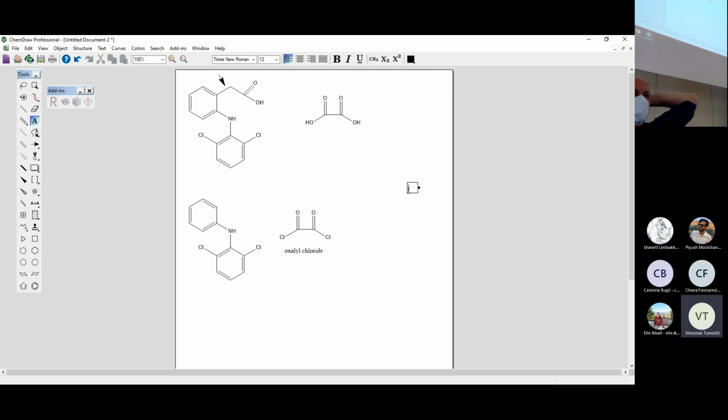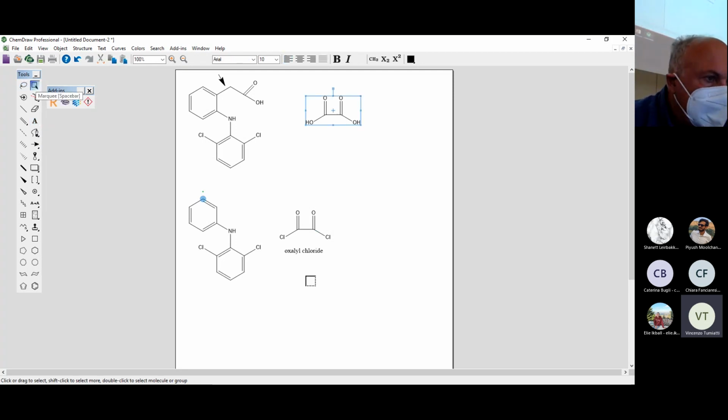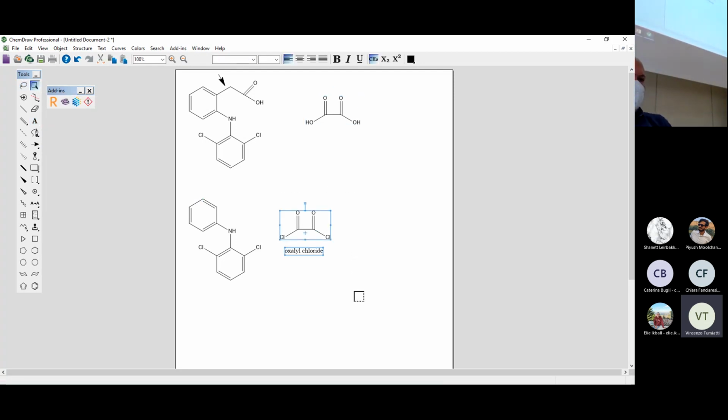It is a dicarboxylic acid. We can use its activated form. We can treat oxalic acid with thionyl chloride, but the oxalyl chloride is commercially available, so we can use it directly.